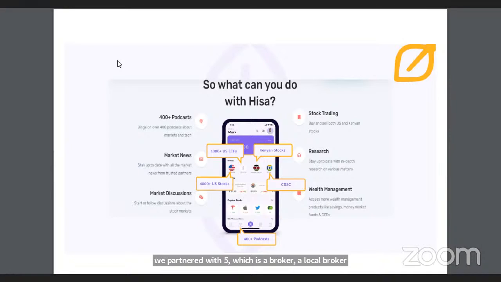So when you open a CDS account on our app, ideally you are opening a CDS account with Faida, and Faida allows you to buy Kenyan stocks on our app. On the other hand, for the US market, we partnered with a broker called DriveWealth, and our partnership with DriveWealth allows you to buy US stocks from Kenya.